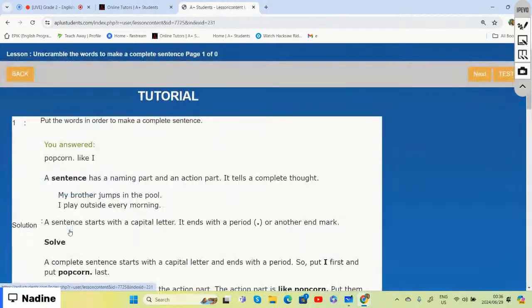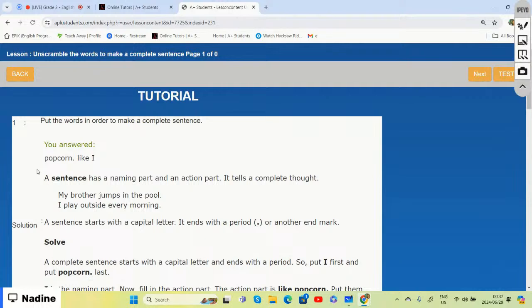Now we're going to the last one, which is to unscramble the words to make a complete sentence, right? And remember, we said that a complete sentence has a subject and it has a verb. And a sentence, we said, has a subject, which is the naming part, and it has an action part, which is the verb.